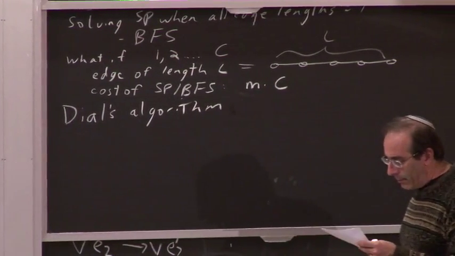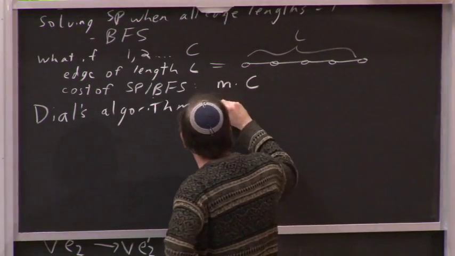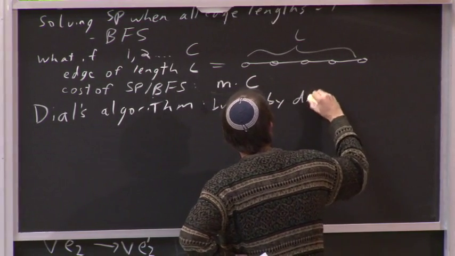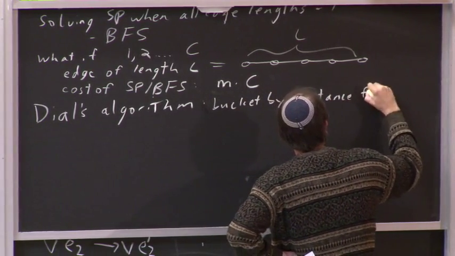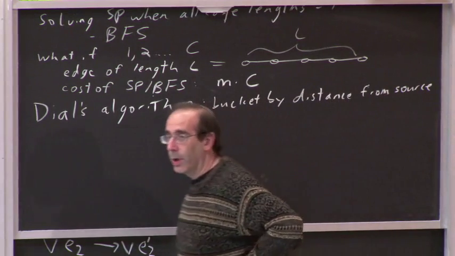The idea of Dial's algorithm is to bucket by distance from the source. Okay.